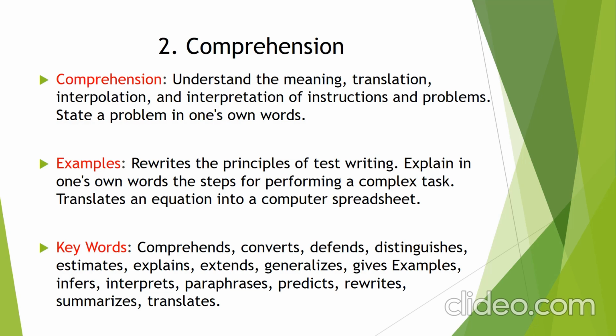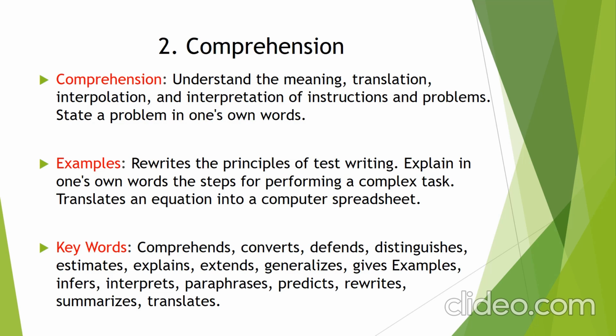Second level of the cognitive domain is comprehension. Comprehension is understanding the meaning, translation, and interpretation of instructions and problems. That is being able to state a problem in your own words, not simply just recalling it from memory.